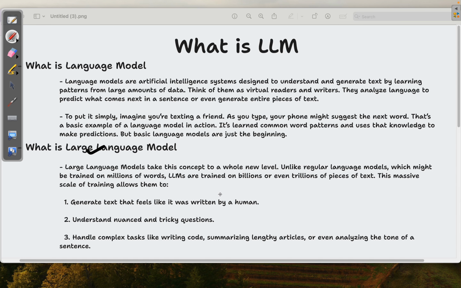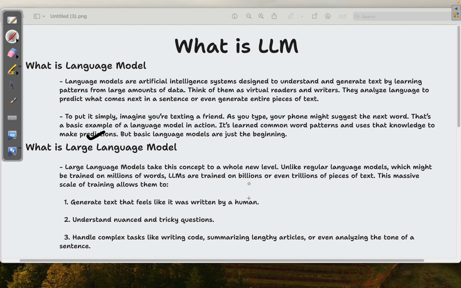Of course the model is also large, right? So that's why it is called a large language model. One thing is the model is very large, it has billions of parameters, and second, it is trained on a large number of data points, or you can say a large number of tokens. We will see in an upcoming video what is a token and how tokenization works inside, right? So that's why it is called a large language model.